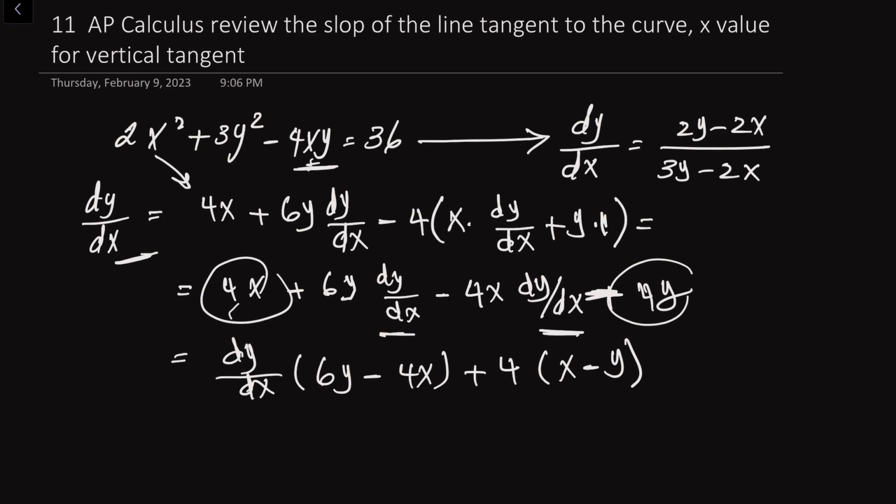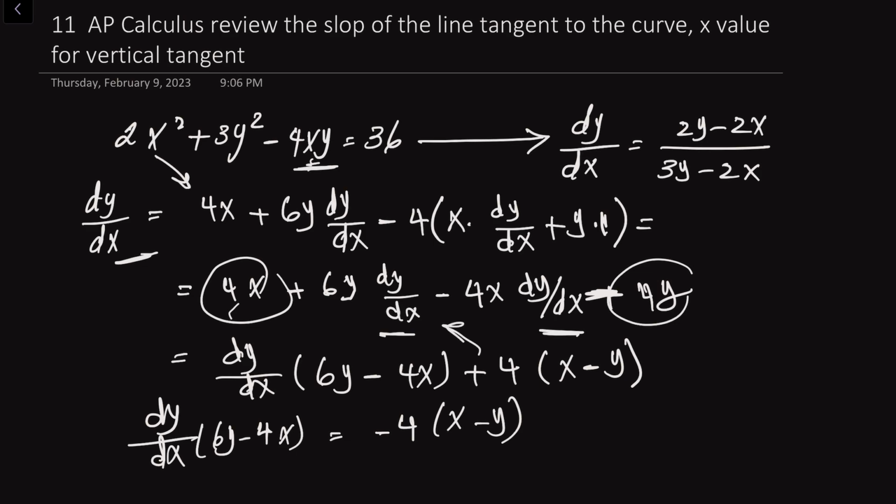So next step: dy over dx times (6y minus 4x) equals negative 4x minus y. Right? We're just going to move this to the other side, with a negative sign.